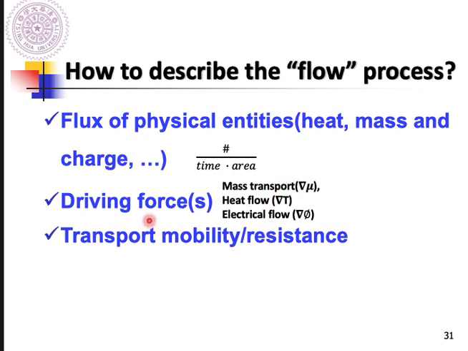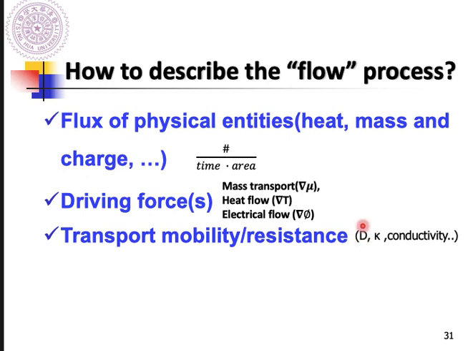Now we know the driving force and the corresponding flux. Then regarding the inertia of the system, which is more related to the material properties, some people call it the transport resistance or mobility. Let's take diffusion as an example, where atomic transport happens in your materials.